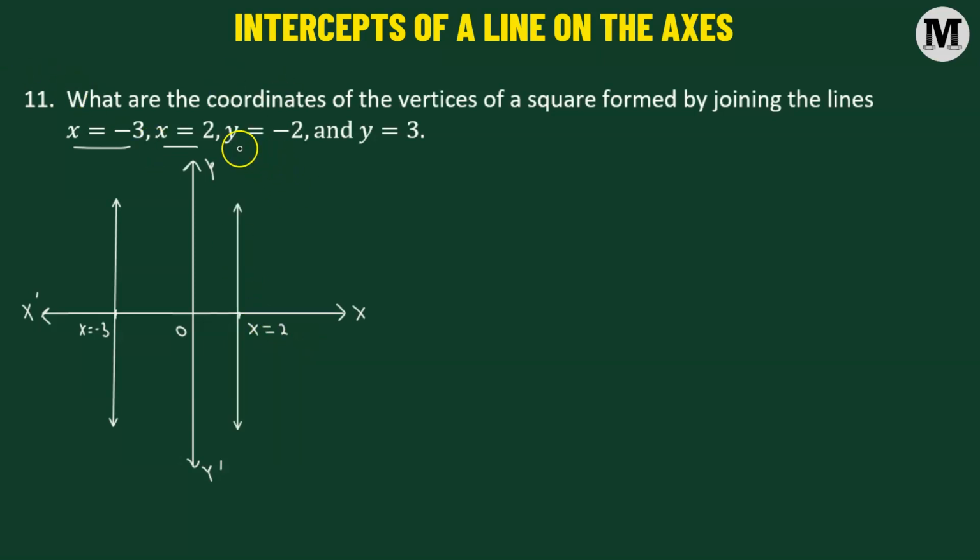Now we will sketch the line given by y equals -2. This corresponds to a line parallel to the x-axis with a y-intercept of -2, meaning it passes through the point y equals -2. Let's sketch that line as well.